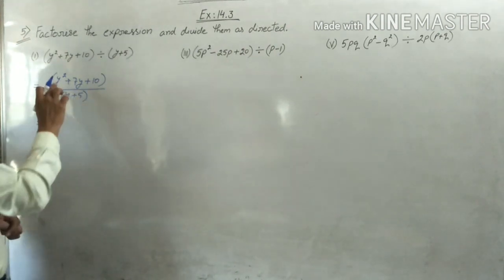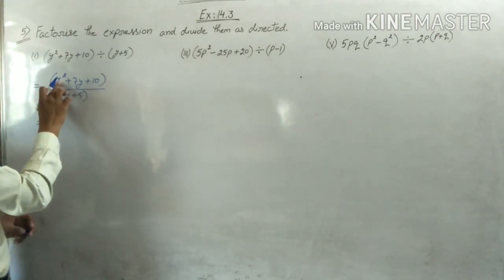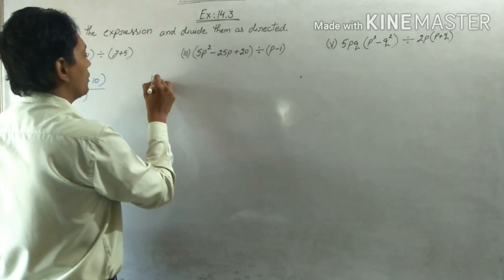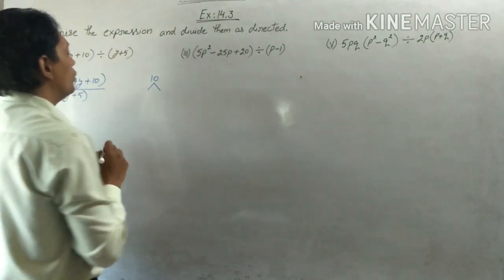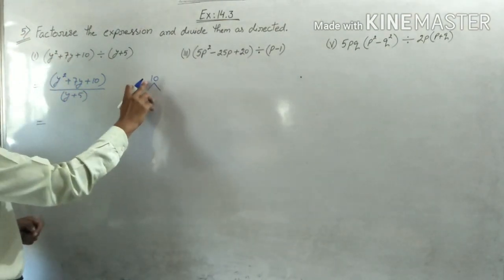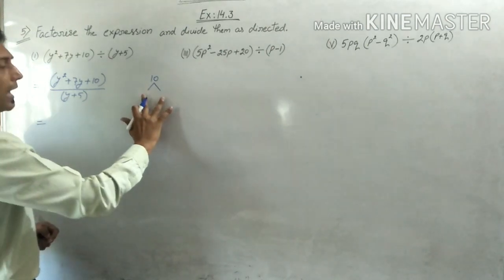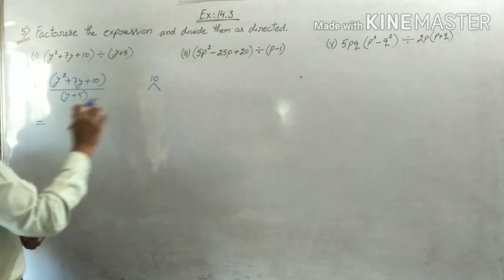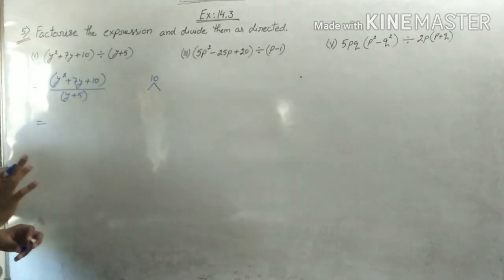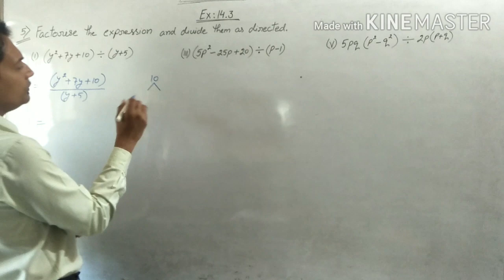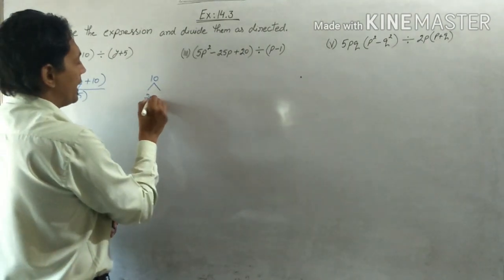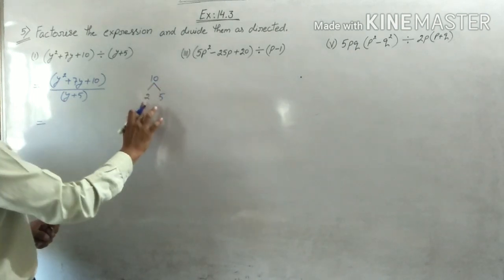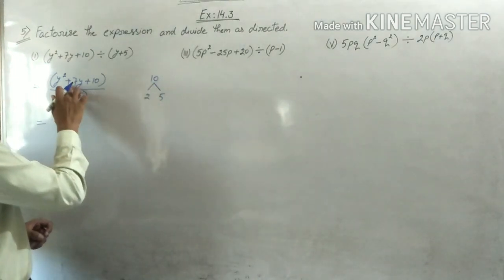Now students, see, this is an expression y square plus 7y plus 10. Here the constant term is 10. Now we need to find the factors of 10 in such a way that when you multiply both the factors you get 10, but when you add them you get 7. So in this way, we have the factors 2 and 5. 2 into 5 we get 10 and 2 plus 5 we get 7.